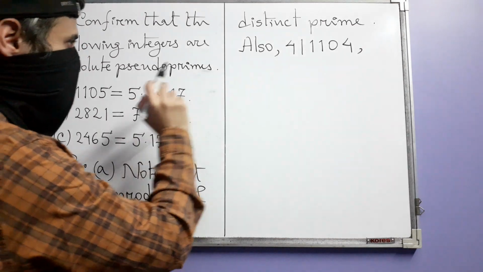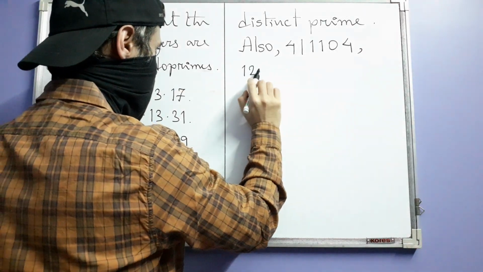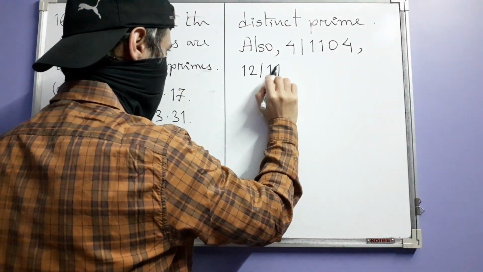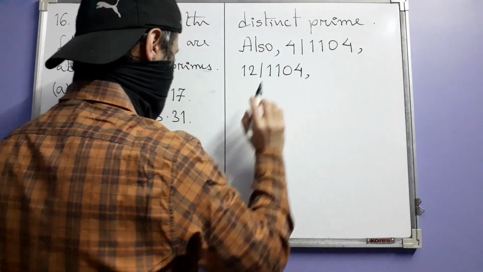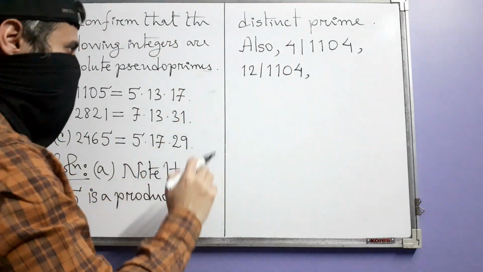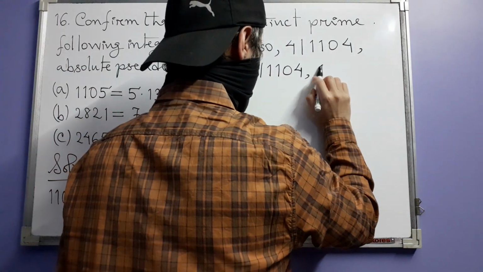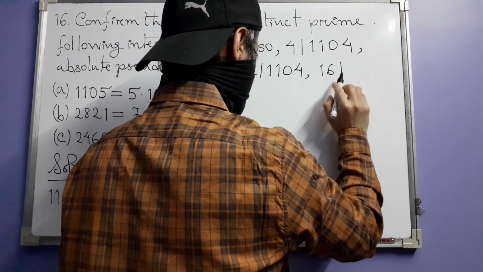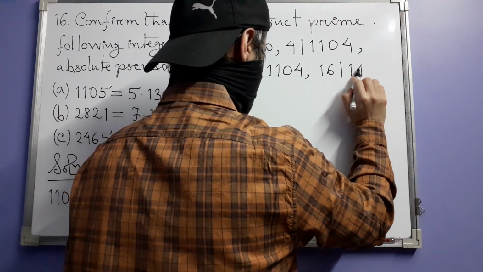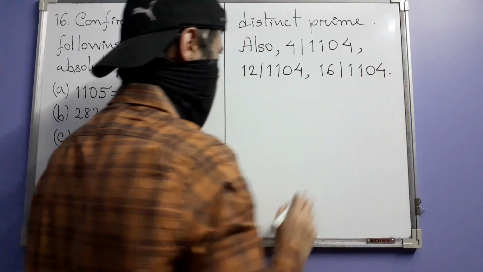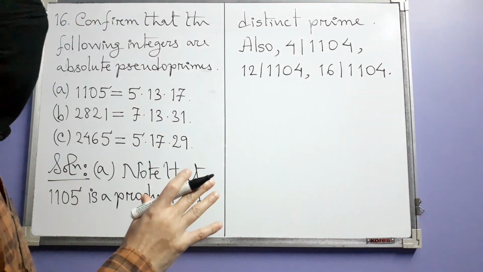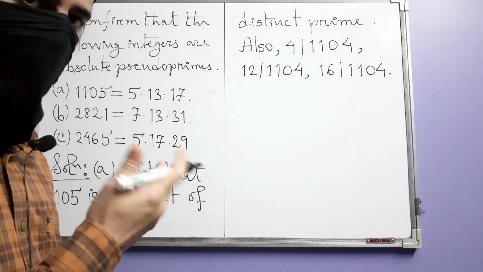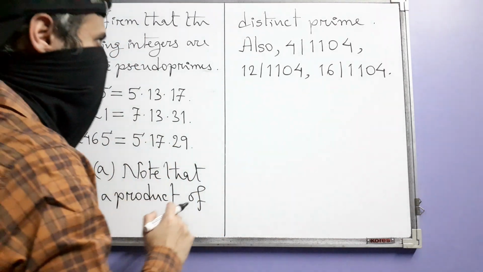Similarly, 12 divides 1104 and 16 also divides 1104. You just have to verify that these divisibility relations are true. So all the hypotheses that we need in theorem 5.3 are now available to us in this case.